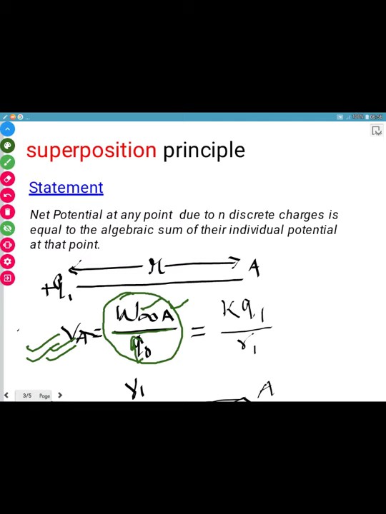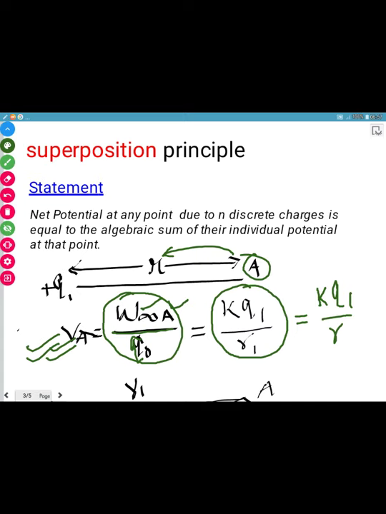We have already derived that this must be equal to KQ1 by R, because point A is R distance away from the charge.